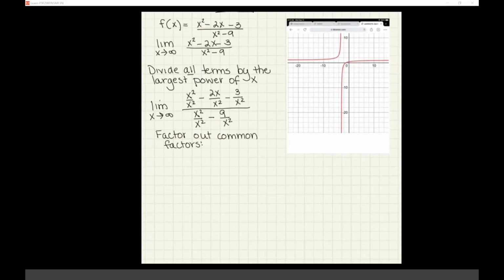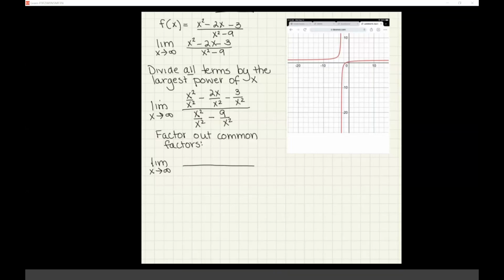Okay, now you look at this over here. I'll just write the limit statement again so we don't lose it. What's x squared divided by x squared, folks? One. It doesn't matter what x is.